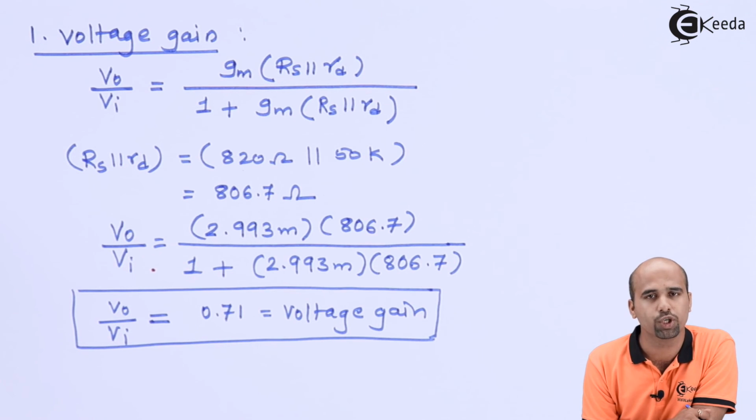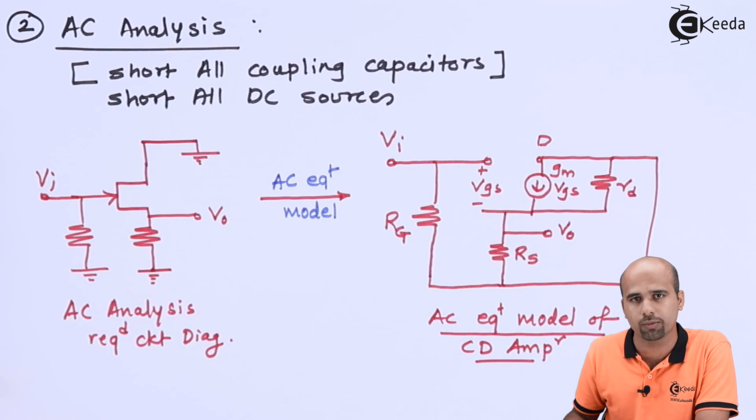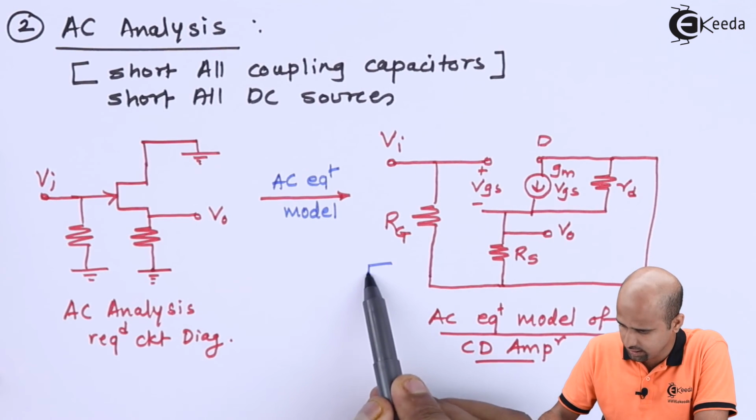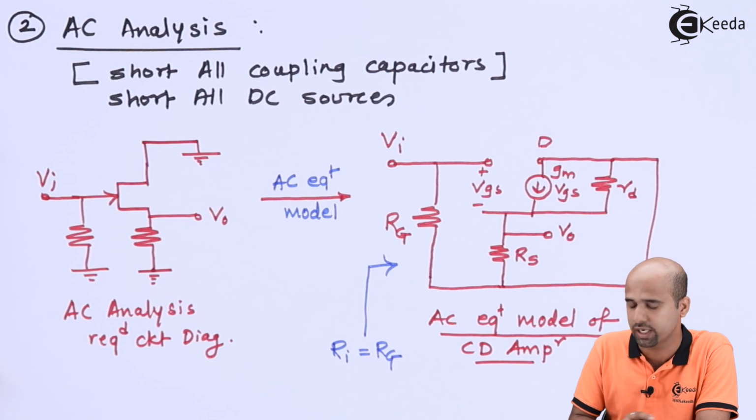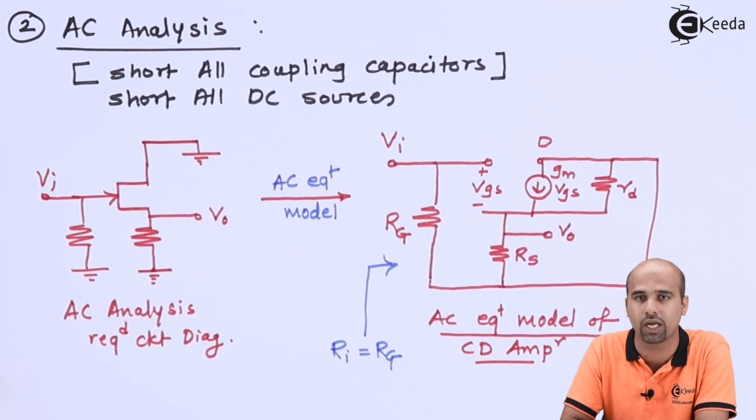Let's move further to output resistance and input resistance. From this equivalent model, it is very clear that if we look from the input side, we will get the value of Ri equal to Rg itself. So there is no calculation needed for input resistance.